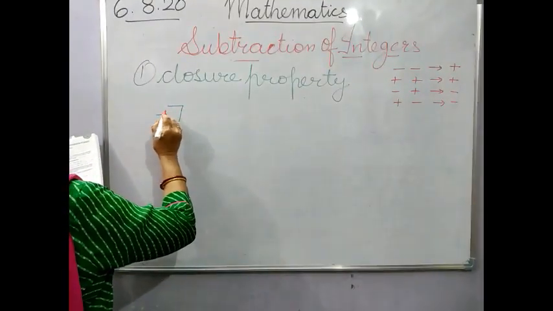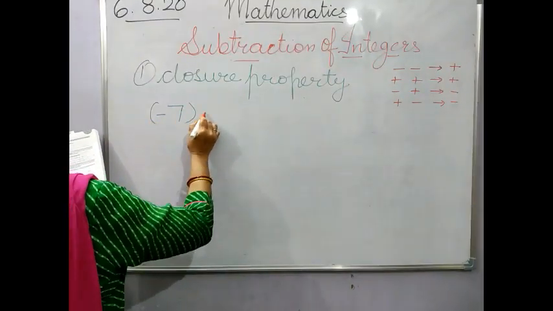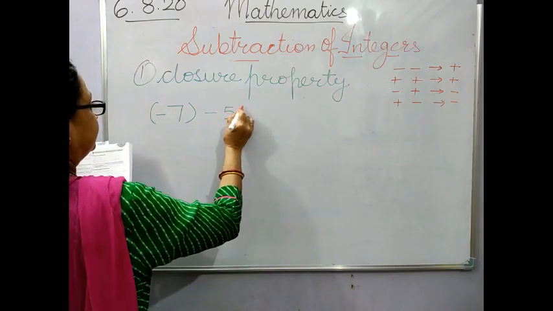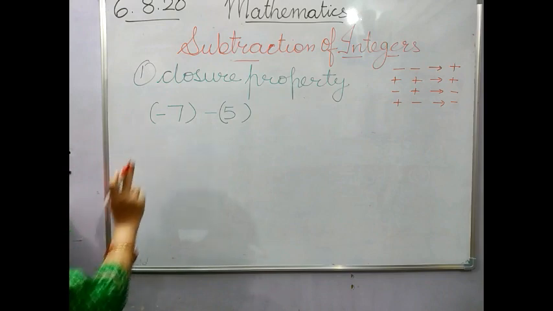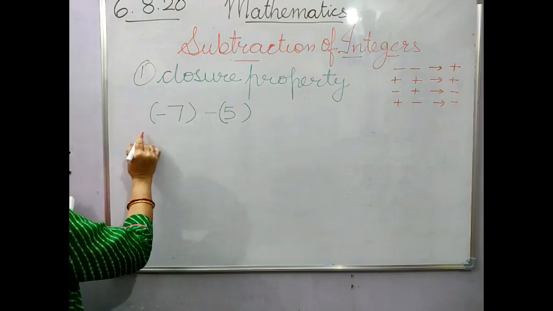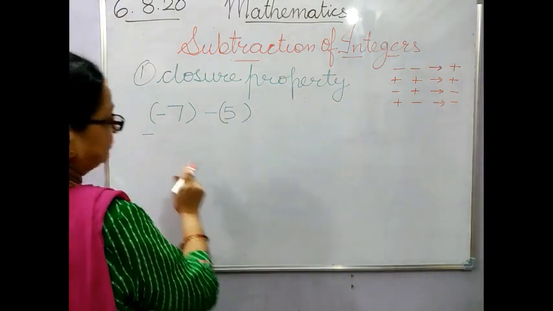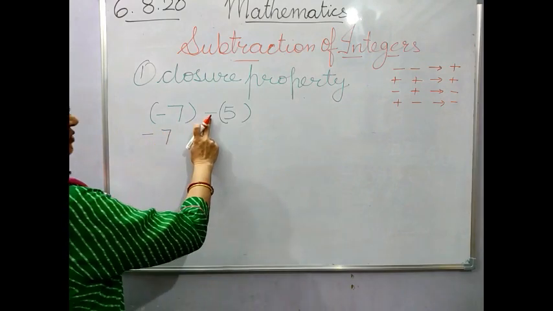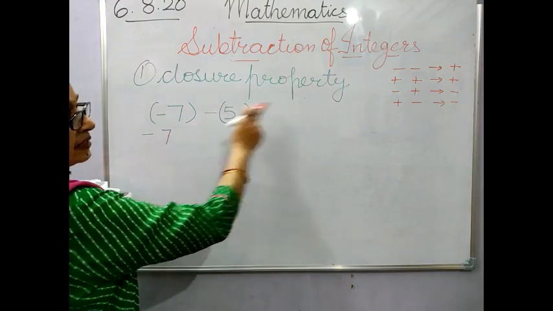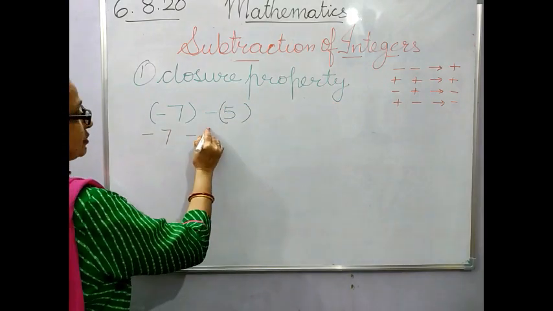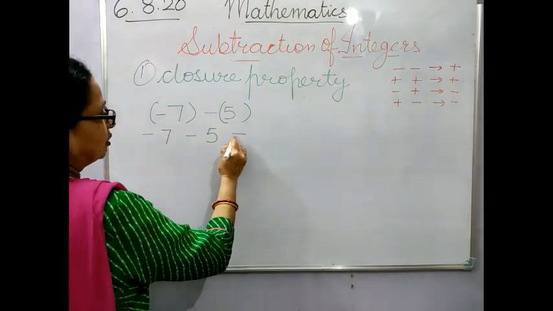Minus 7, minus, minus 5. I will take the example from the book only. Now if you solve it, open the bracket: it is plus, so it will become plus; minus will become minus 7. Now see here, this is minus, inside it is plus. So minus and plus will become minus. Open the bracket and solve it.